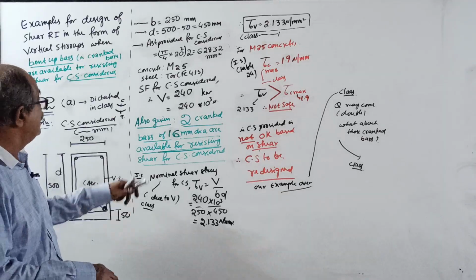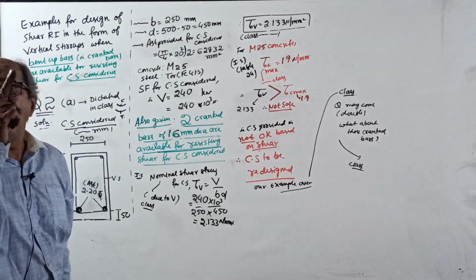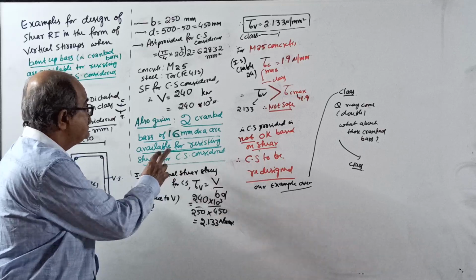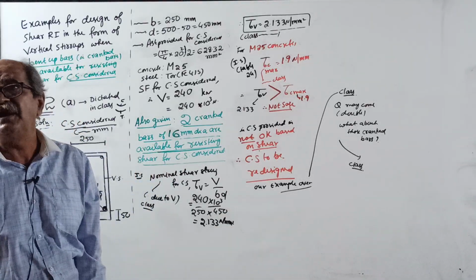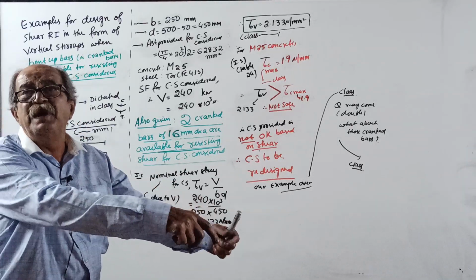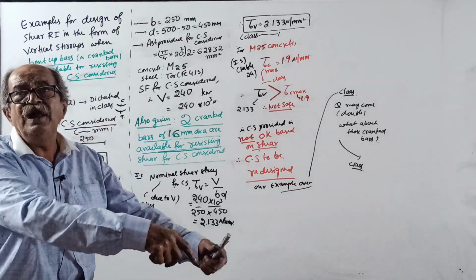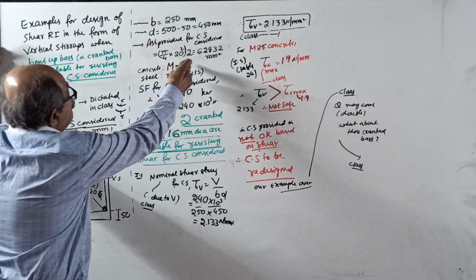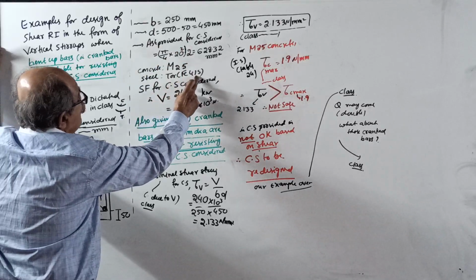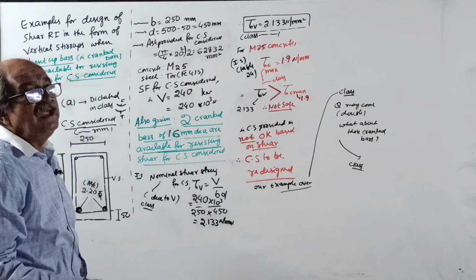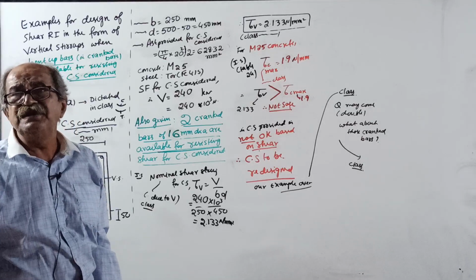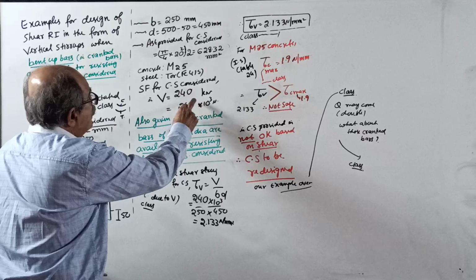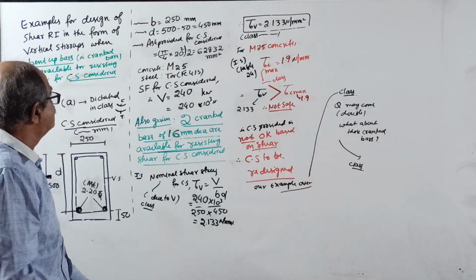Also given in the question, 2 bars of 16 mm diameter are available for resisting shear for the cross section considered. 2 bent up bars or inclined bars or cranked bars are available. Taking M25 concrete and Fe415 steel, design shear reinforcement using vertical stirrups if for the cross section the shear force is 240 kilonewton. Over. Start.